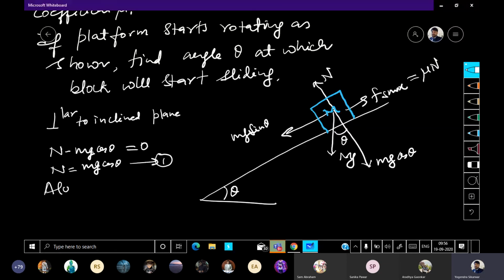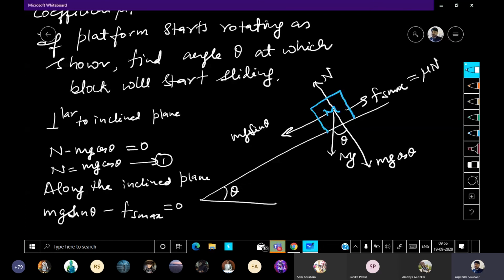Now along the inclined plane, what we can see is mg sin theta minus fs max is equal to 0, because it is about to start sliding, so it is just 0 or 0.00001, which is negligible.